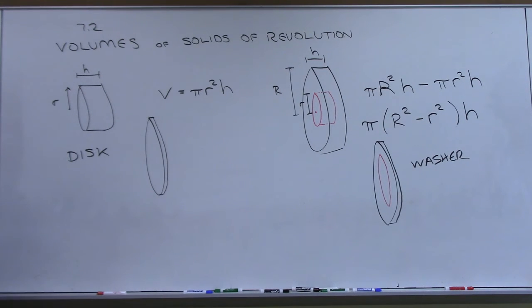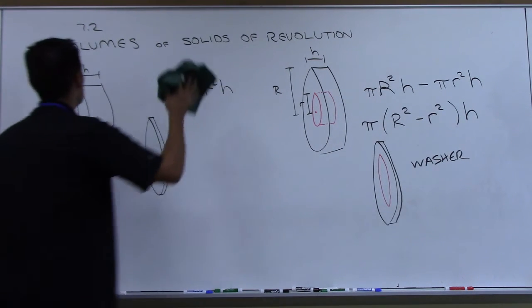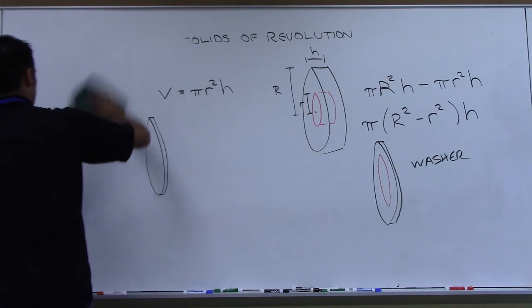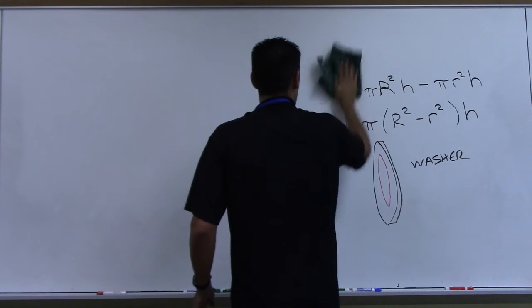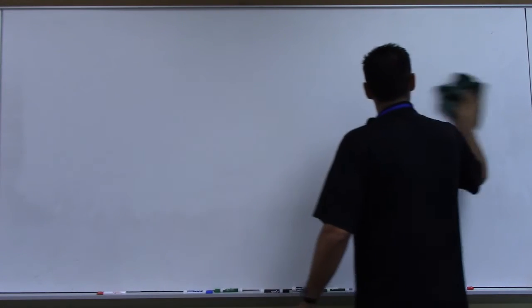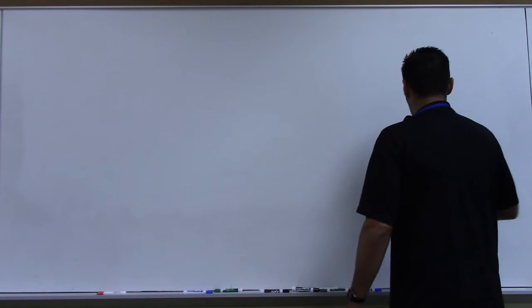Let's figure out how we're going to find these volumes of solids of revolution. So let's take a very basic function, or let's say two functions.